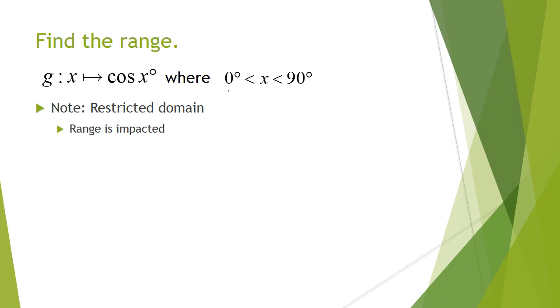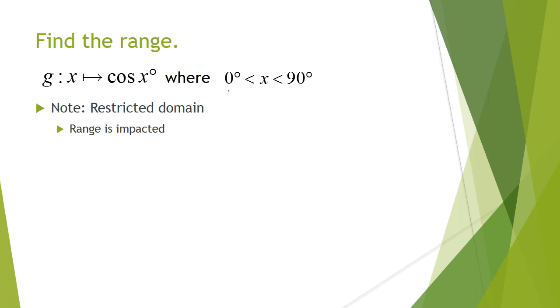So if we think about it with cosine, we call it our valley graph, right? It starts when cosine of 0 has a y value of 1, and then it travels down into the valley until it reaches 180 degrees, in which case the y value is -1. Well, the question is, what is the value at 90 degrees?